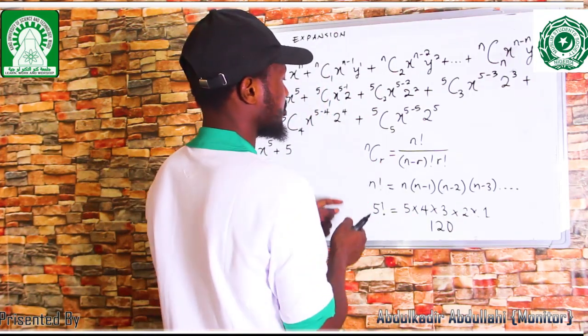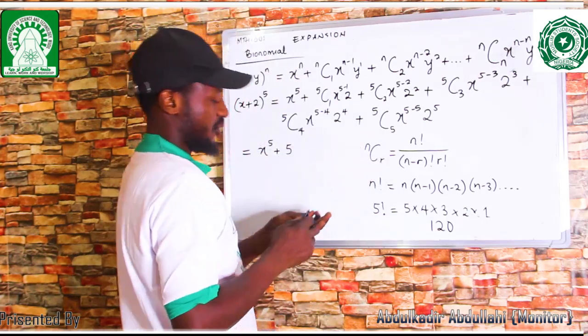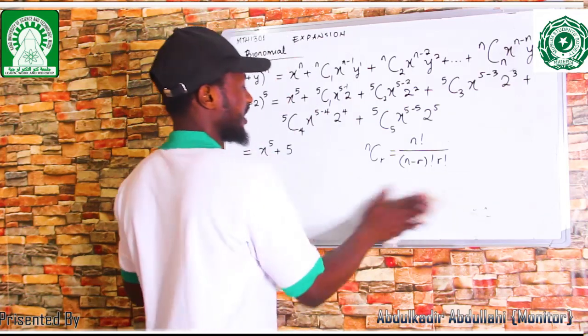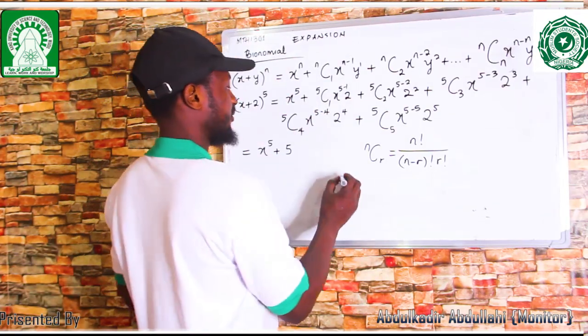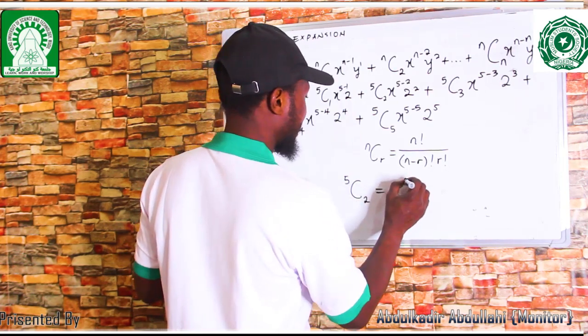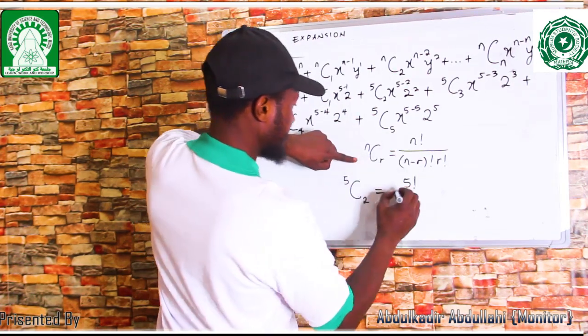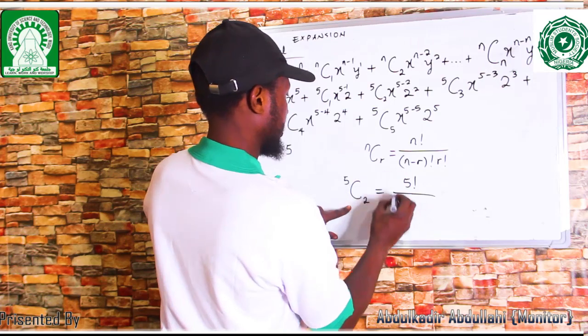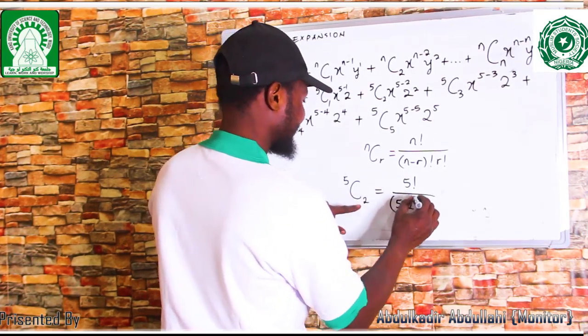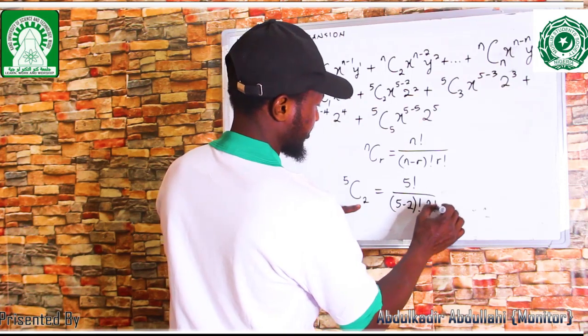So this is how to find a combination. For instance, let's find 5 combination 2. This is the same thing as 5 factorial divided by (5 minus 2) factorial times 2 factorial.